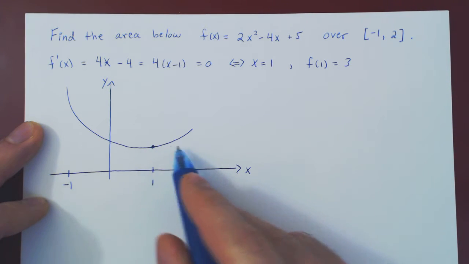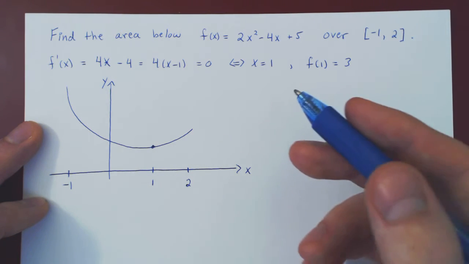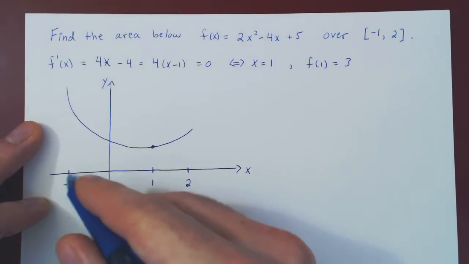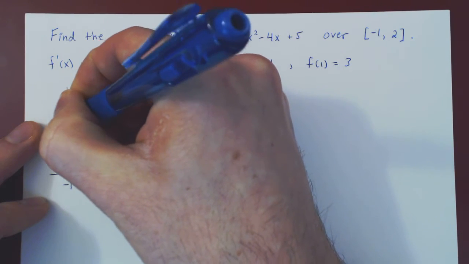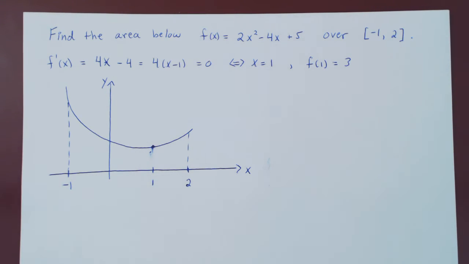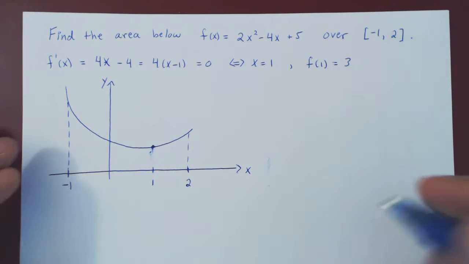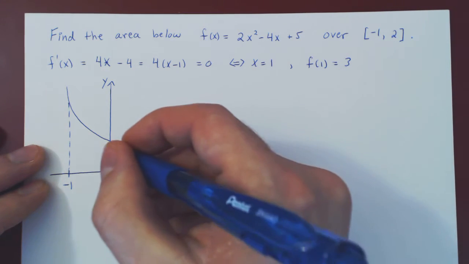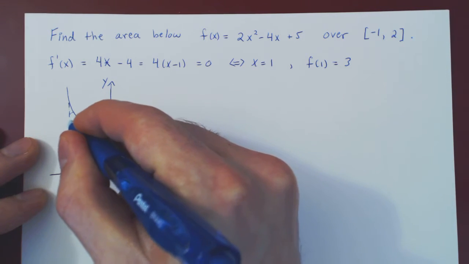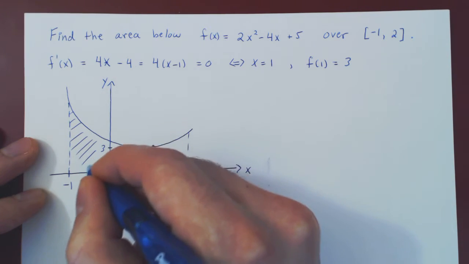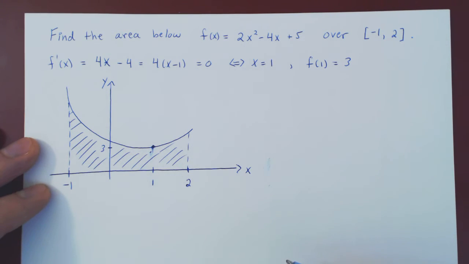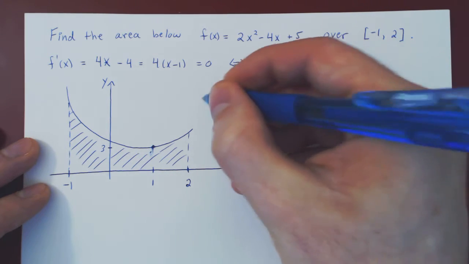So the question is to find the area below this curve between x equals negative 1 and x equals 2. So this is uppercase A, the area below our curve.